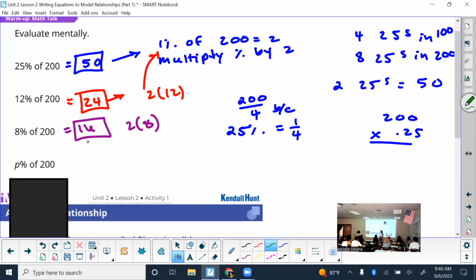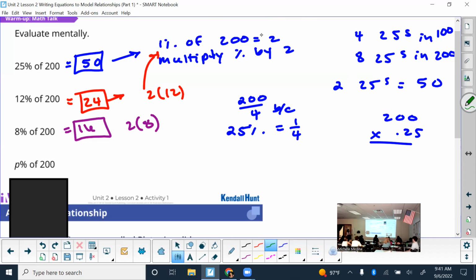Well, think about what strategy consistently worked in the first 3. Some of you broke it down kind of like quarters. Some of you said 25% is equal to 1/4. Would those 2 strategies work with the rest of these? No. But which one consistently worked?